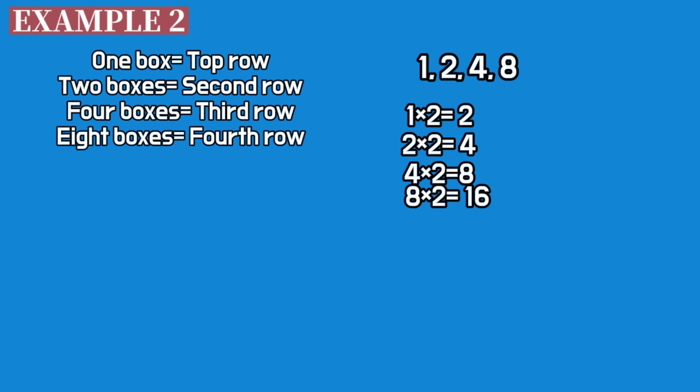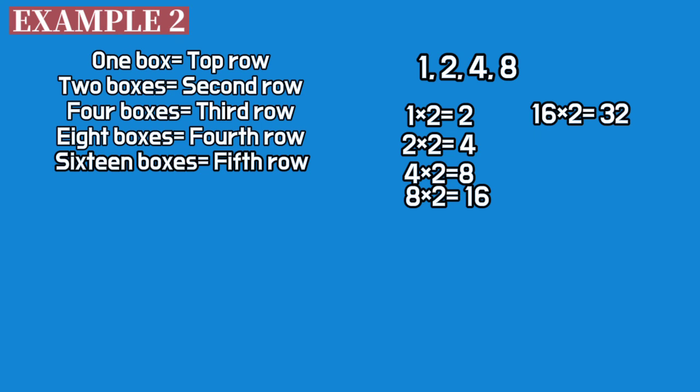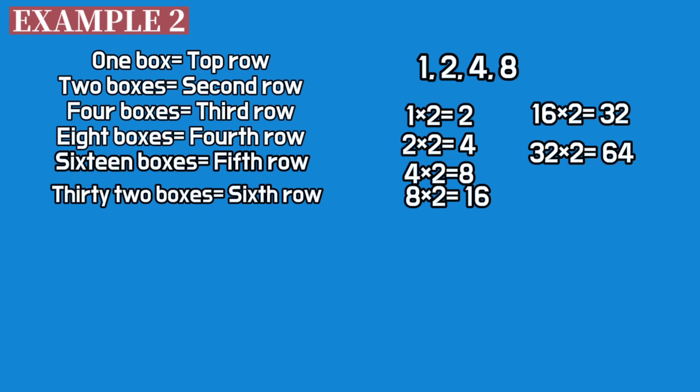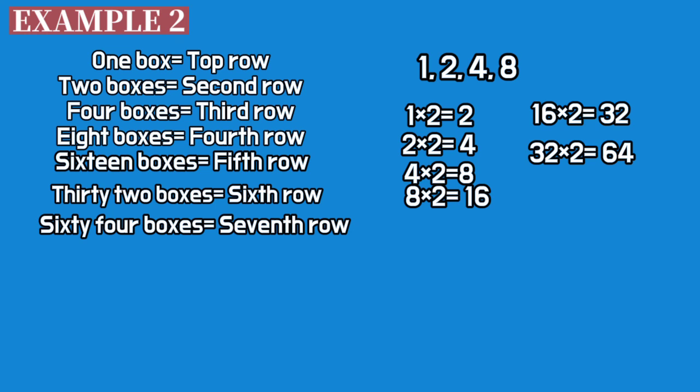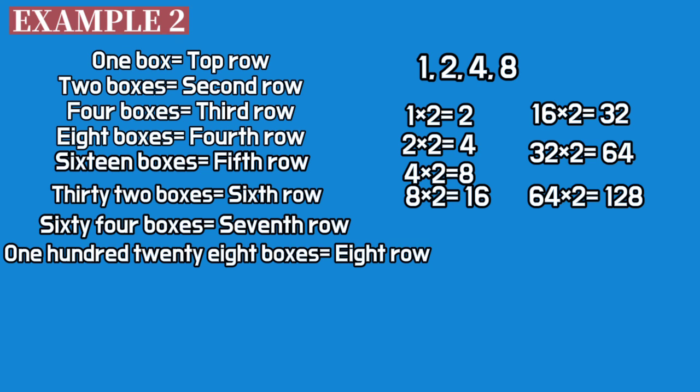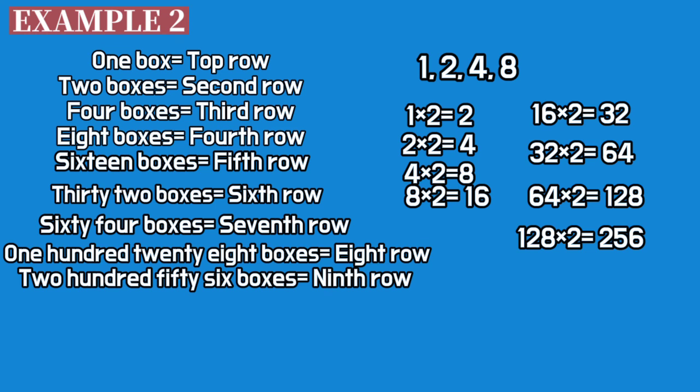So, 8 times 2 is equal to 16 boxes, and it is in the 5th row. 16 times 2 is 32 shoe boxes for the 6th row. 32 times 2 is 64 shoe boxes for the 7th row. 64 times 2 is 128 shoe boxes for the 8th row. 128 times 2 is 256 shoe boxes for the 9th row.